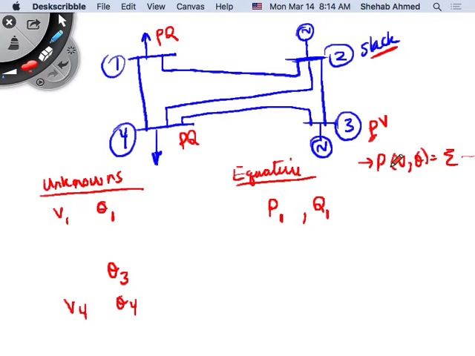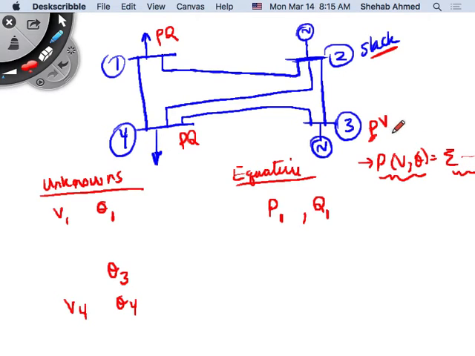Only if I know the value of P can I use the real power equation, and only if I know the value of Q can I use the reactive power equation. Because what am I trying to do? I will plug the value that I know into the left-hand side, which is a given. Then I will estimate the right-hand side by plugging in values for V and delta.